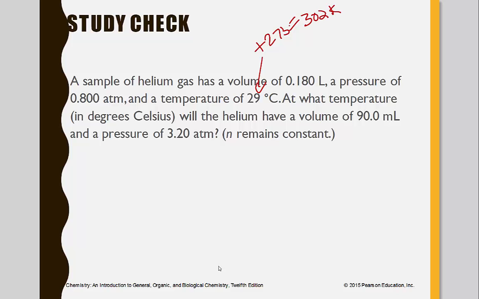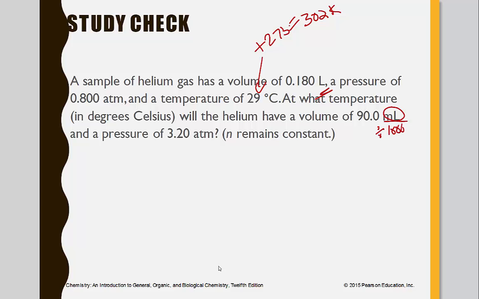What temperature in degrees Celsius? So once we figure out the equation in kelvins, we have to subtract 273 to figure out the final answer. Will the helium have at a volume of 90 milliliters? Notice that it's asking us in milliliters, but our initial volume was in liters. That means we have to change the milliliters to liters. We're going to do this by dividing by 1,000.